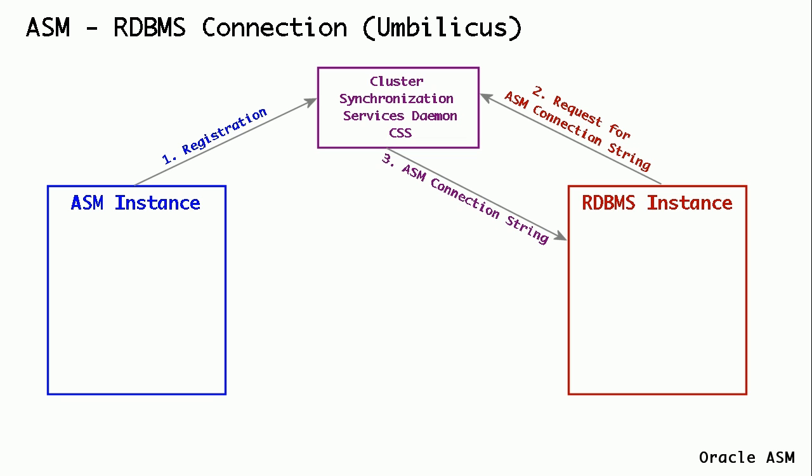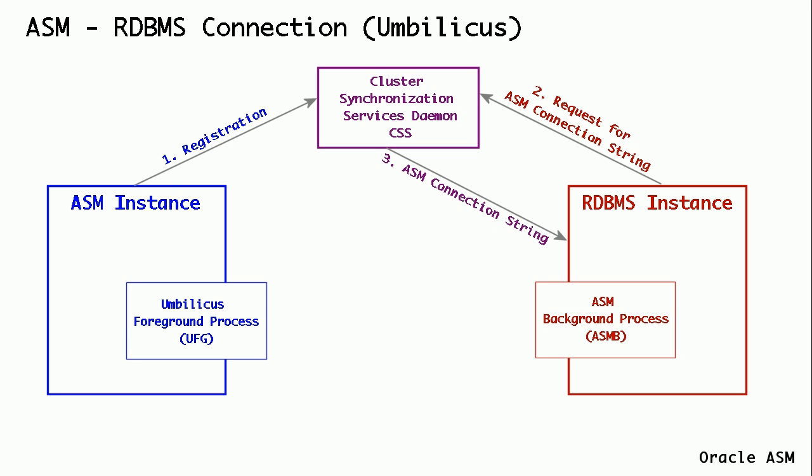Now, let us identify the two important processes involved in this communication. On the database instance side, ASM background process, ASMB, is started. On the ASM instance side, umbilicus foreground process, UFG, is started.